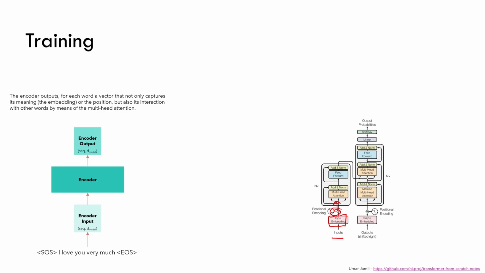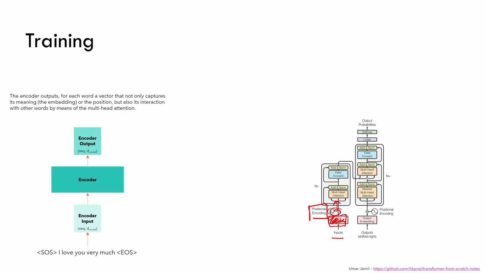Each embedding is special because it captures not only the meaning of the word, given by the input embedding, and the position, given by the positional encoding, but also the interaction of every word with every other word in the same sentence, because this is the encoder, so we are talking about self-attention.